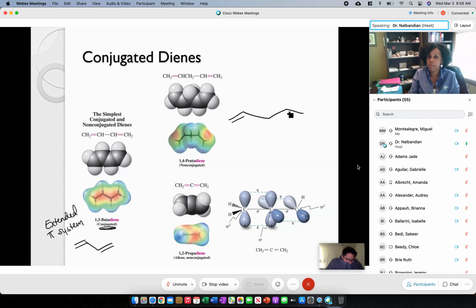Double bond, double bond. Notice that there is a saturated carbon in between. So double, single, single, double. This is non-conjugated. That's not as stable.